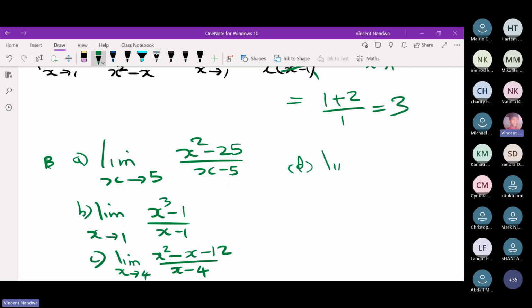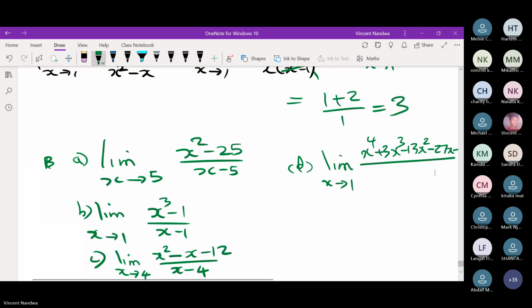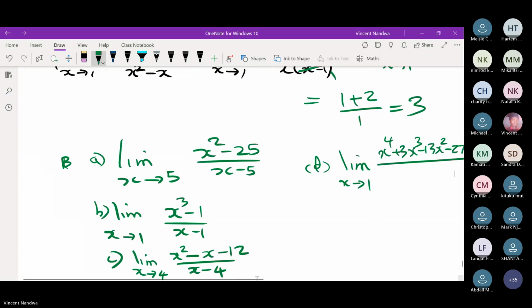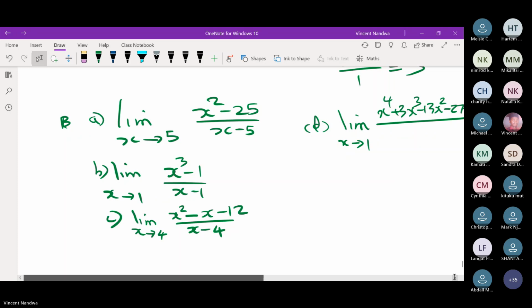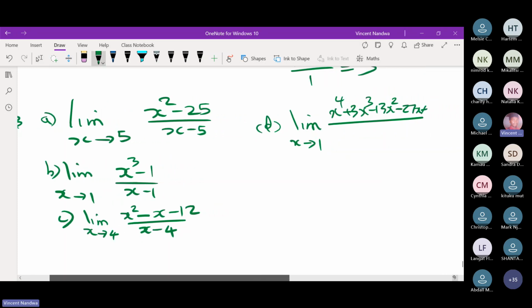And D: the limit as x approaches 1 of x power 4 plus 3x power 3 minus 13x squared minus 27x plus 36, divided by x squared plus 3x minus 4.